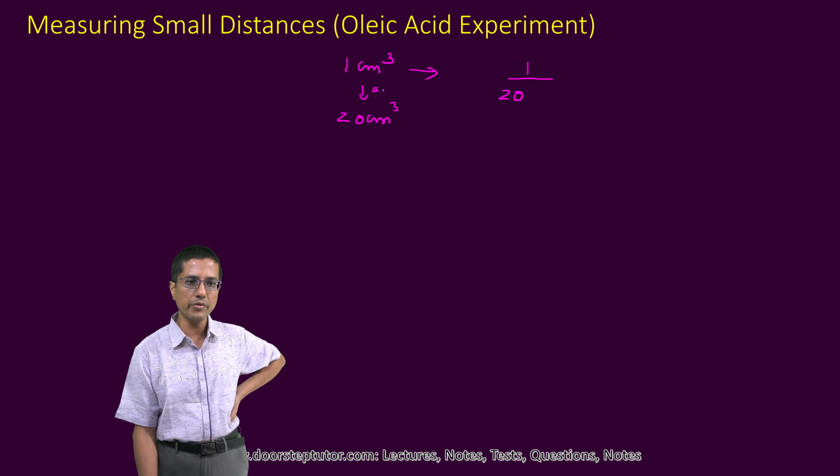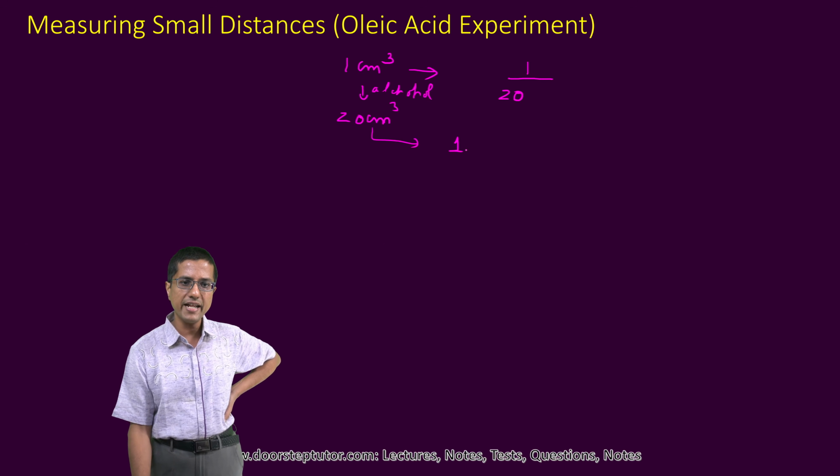I add alcohol to it, and then from this 20 centimeter cube, I again take 1 centimeter cube and create a 20 centimeter cube solution, again diluting it with alcohol.